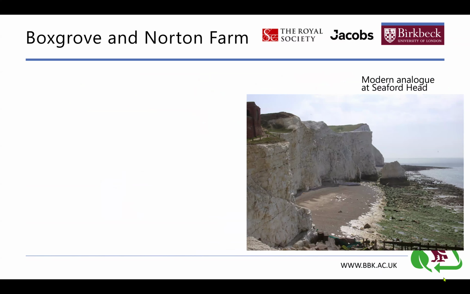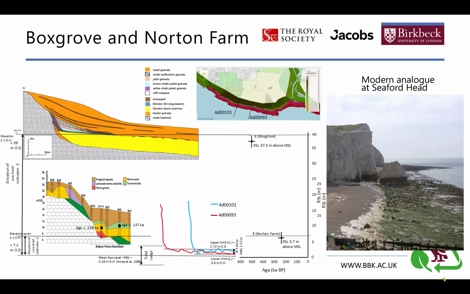For Boxgrove and Norton Farm, they're both cliff lines in chalk, so I went to Seaford Head as the nearest chalk cliff. There's a lovely picture of Seaford Head. The Channel Coast Observatory have cross sections across bits of coast, so I chose a couple of lines going across Seaford Head and plotted those out and tried to estimate where the break on the edge of the cliff was in relation to mean sea level, and then applied that to both Boxgrove and Norton Farm.